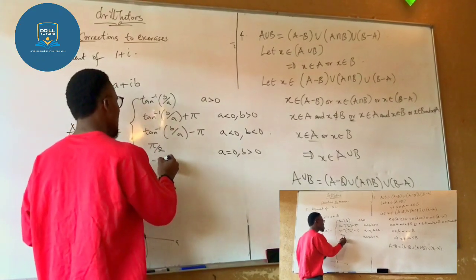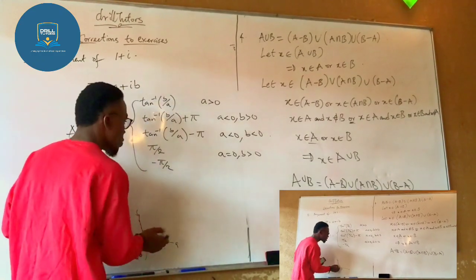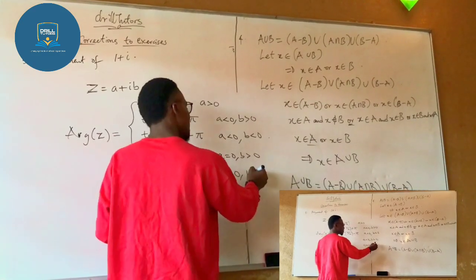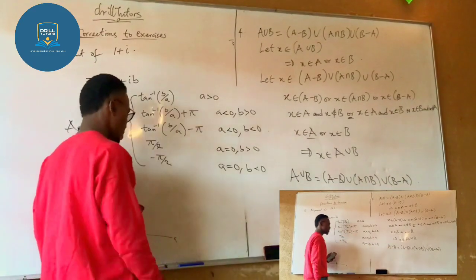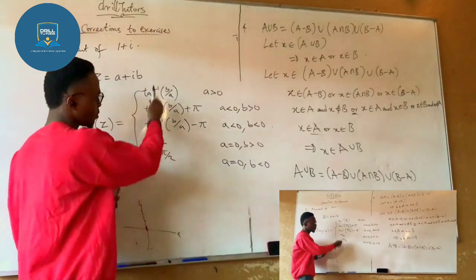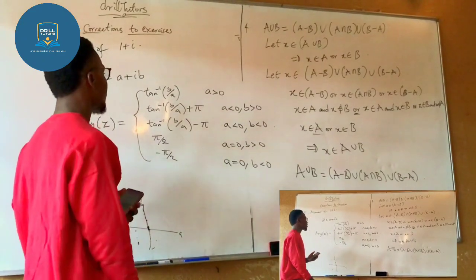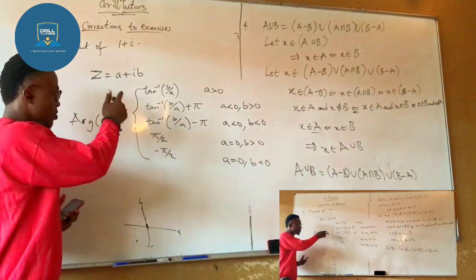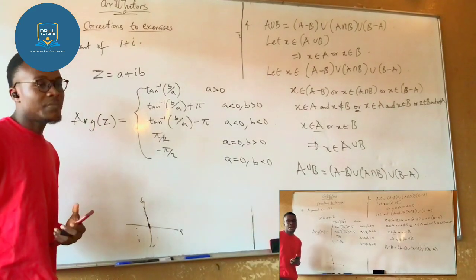The value will be minus pi over 2 at the point where A is equal to 0 and B is less than 0. So these are several values of the argument of Z for several values of A and B.